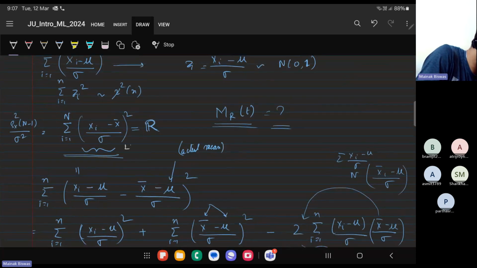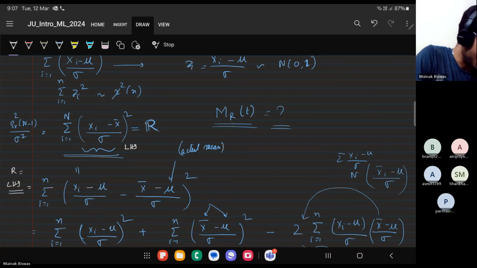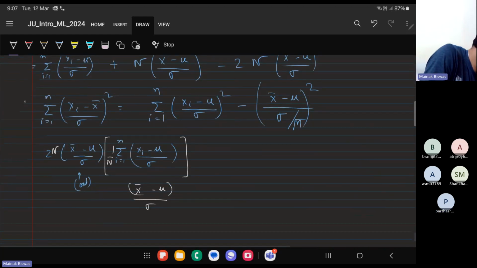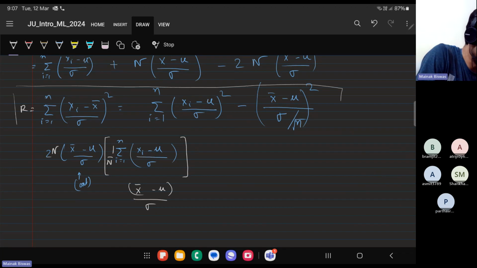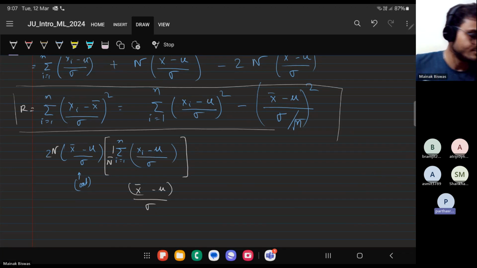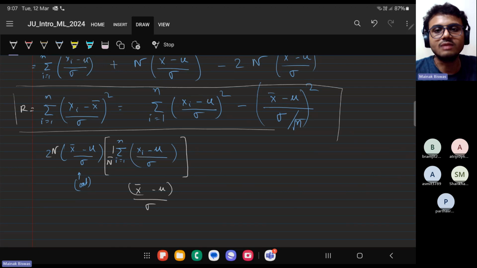This is your left hand side. I'm just rewriting r on the left hand side. R equal to this. This is what I get, right? Now tell me, do I know all these values?